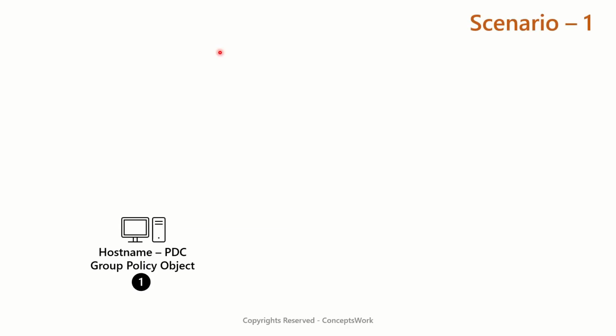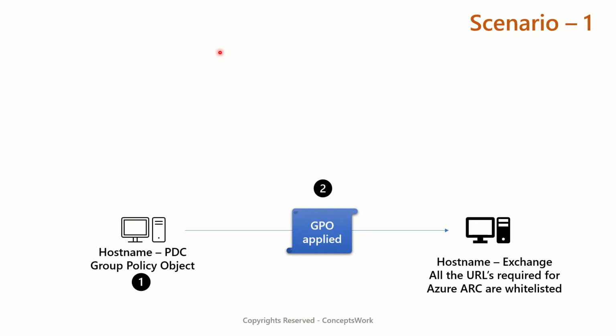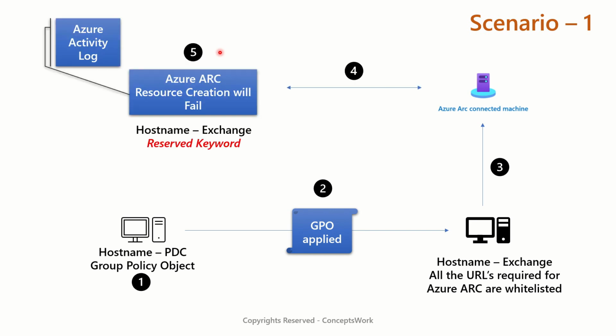The first one is where I have a machine which has the host name Exchange. Now remember, this keyword is blocked. So the expected behavior is that the Azure Arc agent will get installed on the machine. The installation will complete, but the registration of that machine for the Azure Arc service will fail.